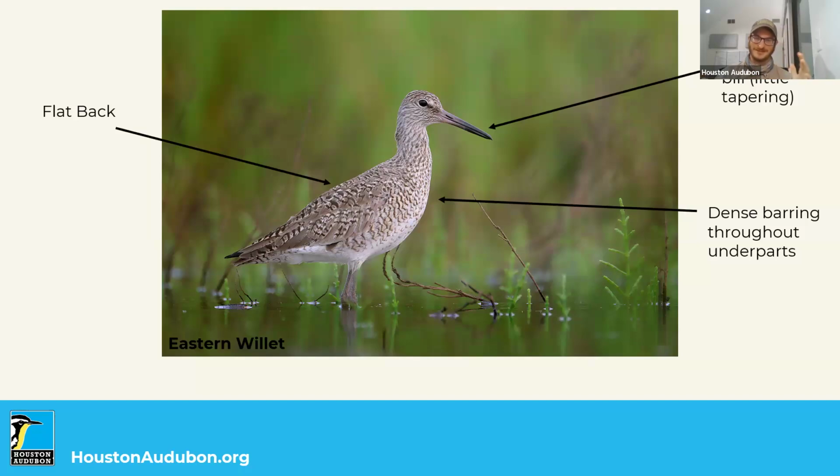Again, with shorebirds, a lot of field marks that rely on appearance in terms of structure can be a little bit subjective. A lot of times our Eastern Willets are breeding here, right? So especially the adults, they're stressed out. They're trying to make sure their chicks get enough to eat and fledge.